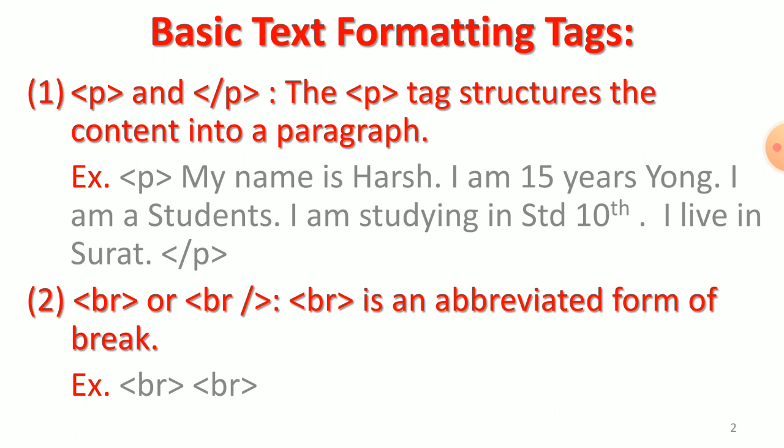Unlike all other tags, the BR element does not have an opening and closing tag. That means empty tag. Such tags, the tags that do not have closing and ending, are known as empty tags.